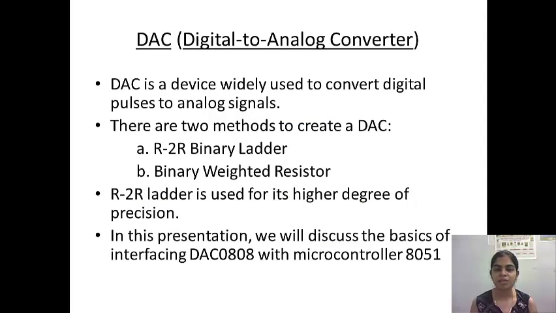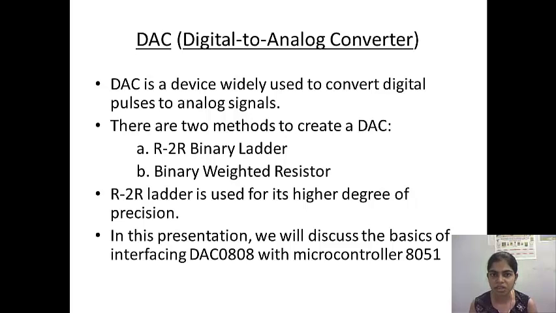Hello everyone, I'm Shailaja, 14BEC0216, and I'm going to explain how a digital to analog converter works and how to interface the DAC0808 with the 8051 microcontroller. As you all know, a digital to analog converter simply converts a digital signal into an analog signal.